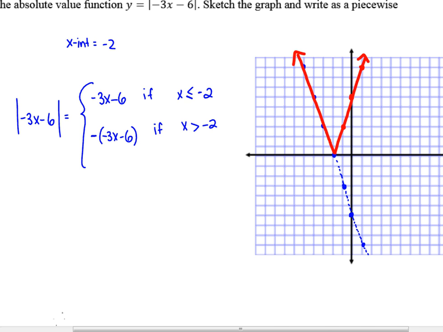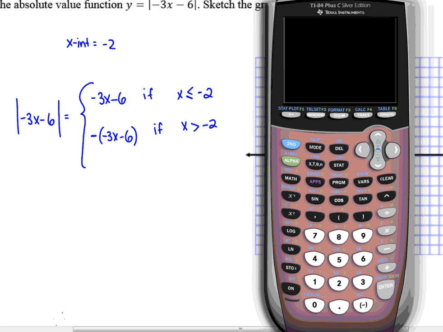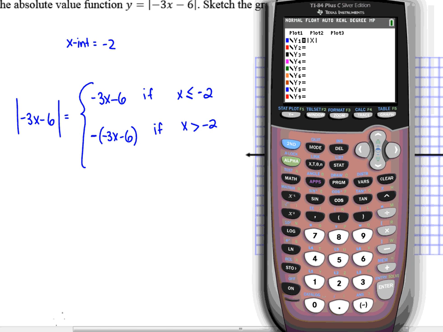Good? Now, if you have a graphing calculator, you can kind of see that if we were to graph the absolute value of -3x minus 6, and then you could graph -3x minus 6 without the absolute value. What I would do is I would probably change the line that's not the absolute value to a dotted line.